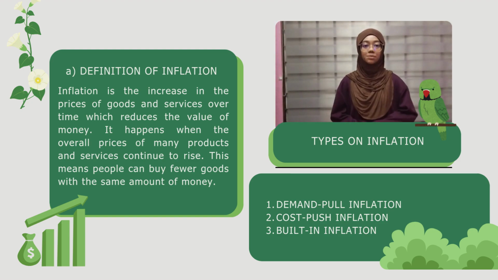And the last one is built-in inflation. Built-in inflation happens when workers demand high wages because the cost of living has increased. So, the businesses will increase the price of goods and services to cover these higher wage costs. This will lead to a continuous cycle of rising wages and rising prices.